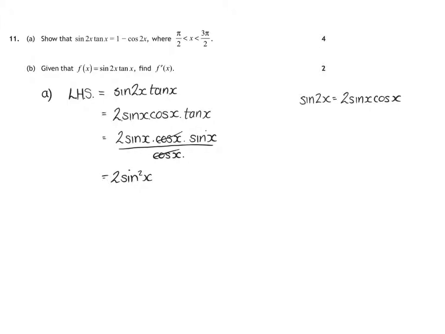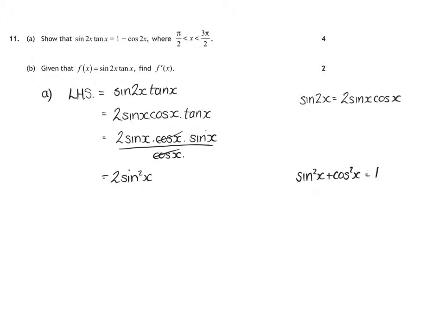Right, so we've not quite got to what we want. So if we think about it, sine squared x plus cos squared x is equal to 1, so we can rearrange, because we're looking for cos, we don't want sine, right?